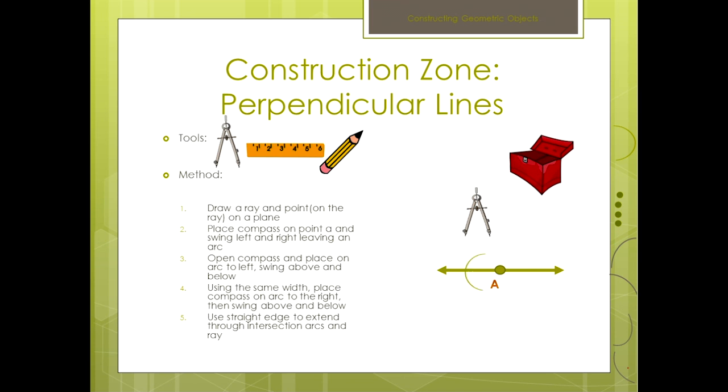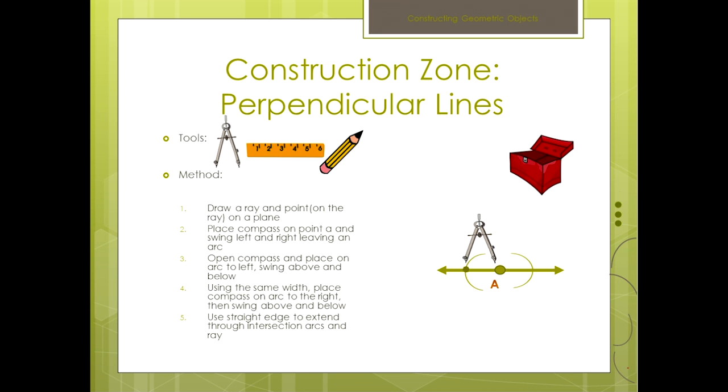Now I want to make sure we stay the same distance that we did from the left, and we do that same distance on the right. And we're going to swing right and make that arc. Now, once we are there, we're going to place our compass up here at our new point.